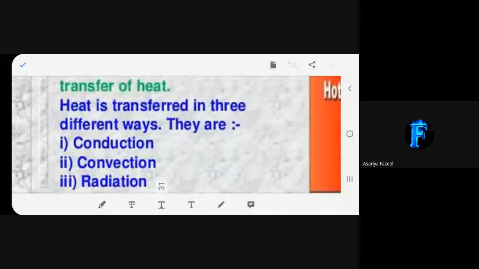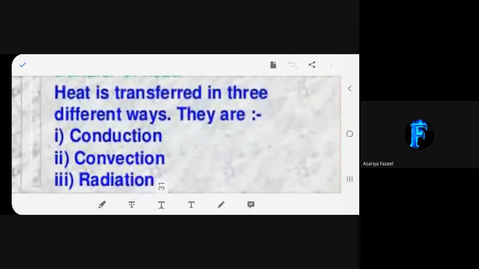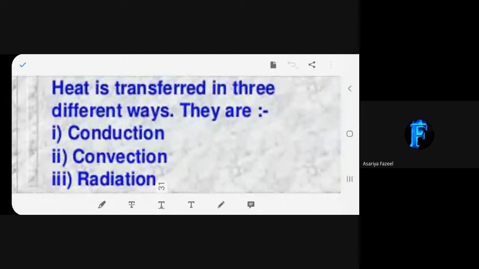Heat is transferred in three different ways. They are conduction, convection, radiation. So there are three ways for the transference of heat.